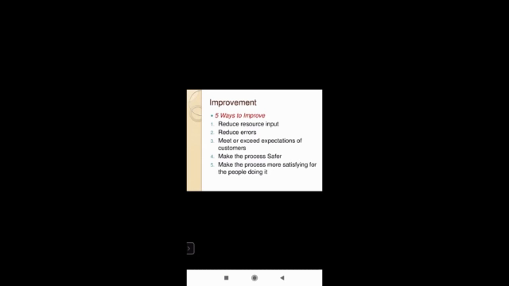The process should not be hazardous. The process should not include events which are dangerous to perform. That kind of process is said to be a failed process. If the hazards or dangers with a particular process are eliminated, and if the process is made safer, then we say that the process has been improved. The process should be safer if it has to be called an improved process.